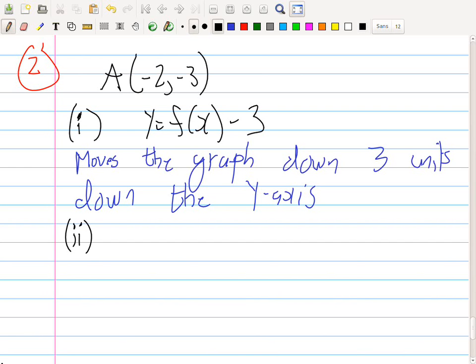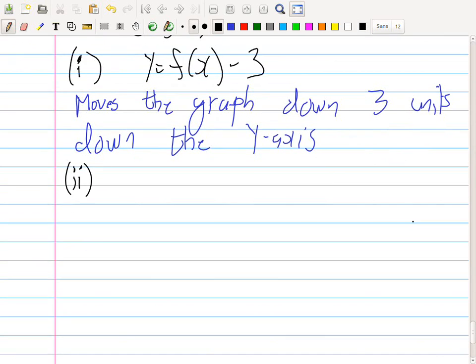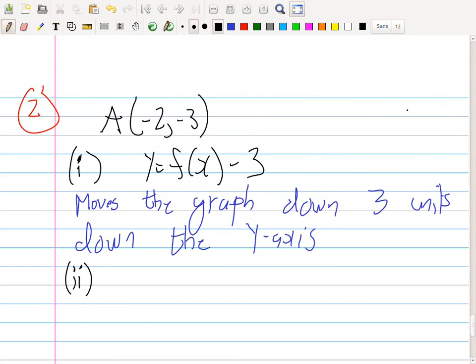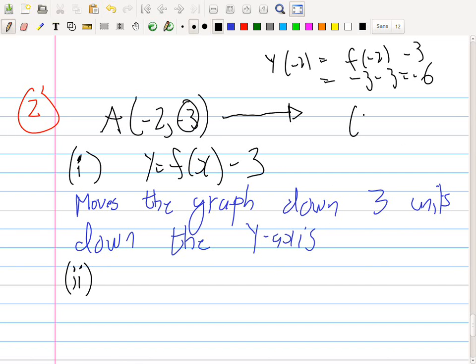You could say y, when x is minus 2, would equal f of minus 2 minus 3. But f of minus 2 is minus 3, so minus 3 minus 3 is minus 6. I would have said it just moves down the y-axis, so it moves to minus 2, minus 6.